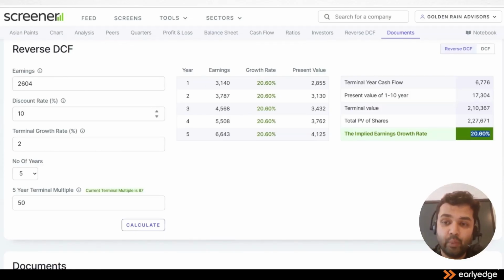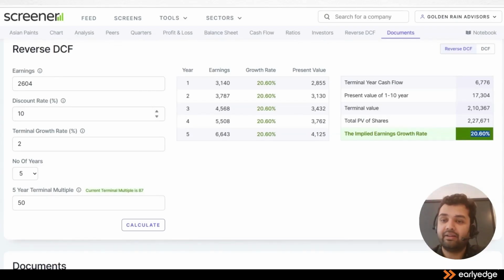Listening to the management con call and interesting insights, you can come to a conclusion whether this 20% implied growth rate is achievable by Asian Paints for you to realize at least 10% return. It makes your life simple. Analyze the company, know what its triggers are, what its future growth rates can be, and it gives you an idea as to whether it is doable or not.